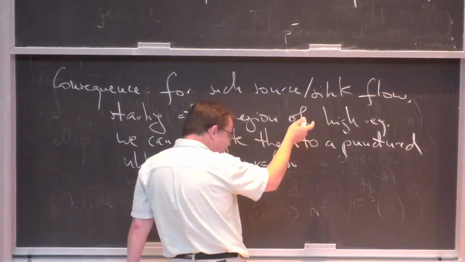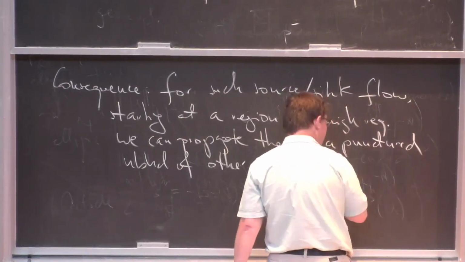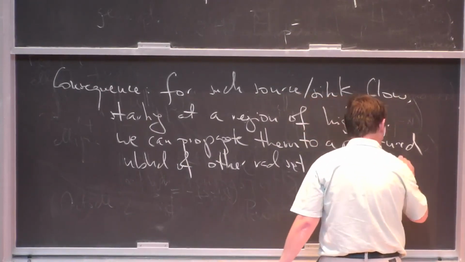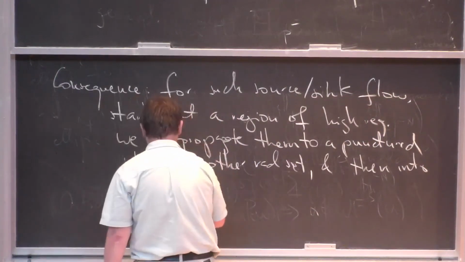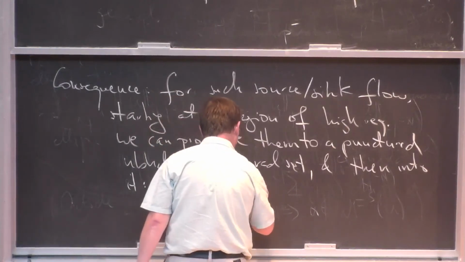So say you start at the source, you get to the sink, or vice versa, and then into this, and then into it, with a small proviso. So provided the inequalities are satisfied.